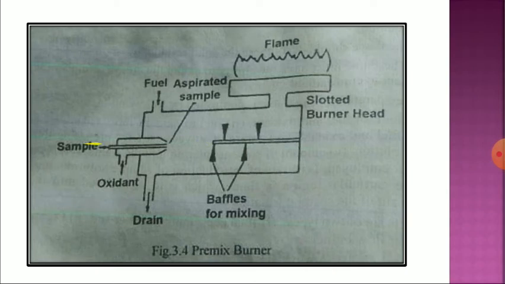That means both sample and oxidant are coming from this side. At the same time, from the top there will be fuel, hydrogen, that is also going into this chamber. That means our fuel hydrogen, our oxidant oxygen, and our sample solution are thoroughly mixed with the help of these baffles.